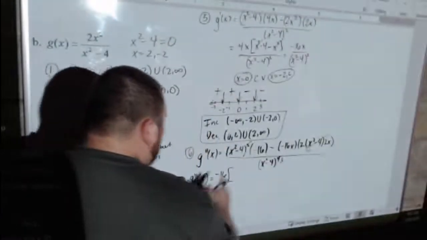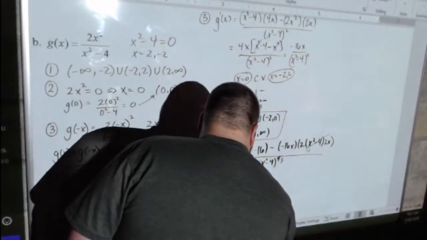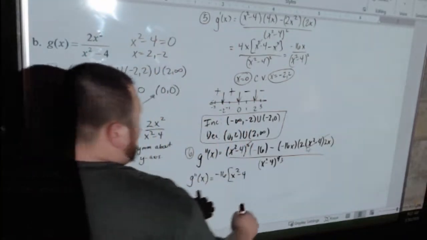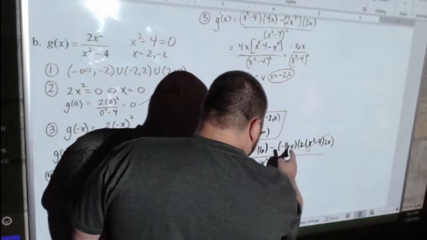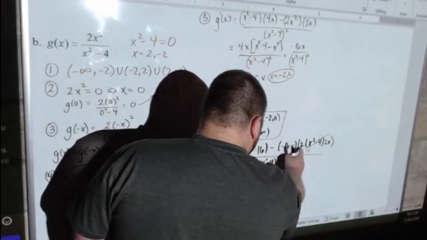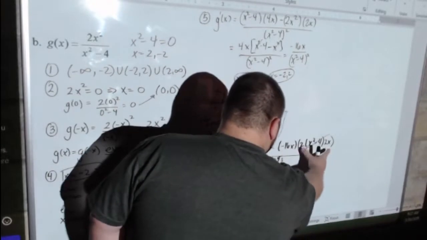That leaves me with, in my first term, x squared minus 4. Then over here, I took out the negative 16, so I still have x, 2, and 2x.